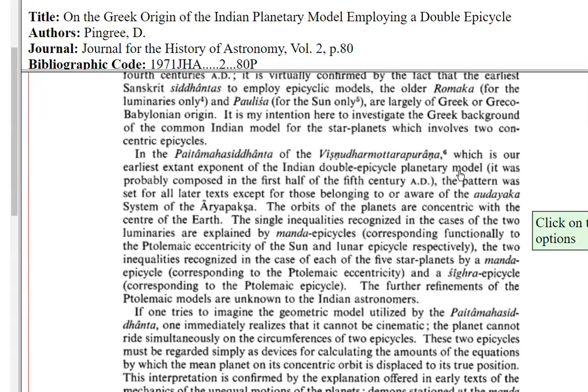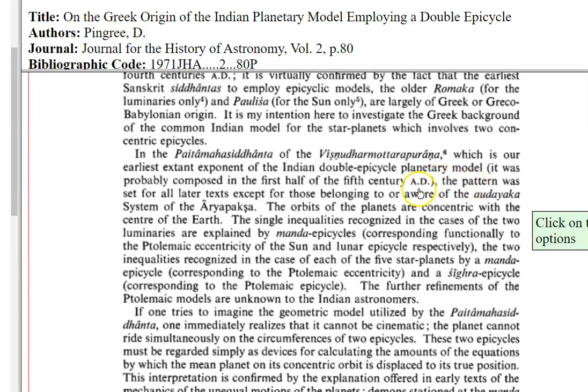And we said that the Indian double epicycle never appeared in Greek planetary models. It's unique to India. It was probably composed in the first half of the 5th century AD, way after Ptolemy. Ptolemy lived in 100 AD. So the Paitama Siddhanta was written in the 5th century AD, 400 years after.